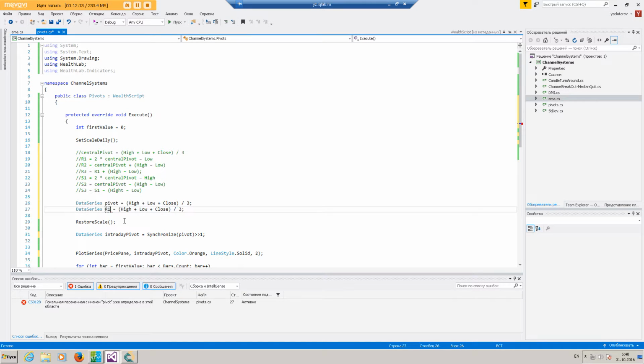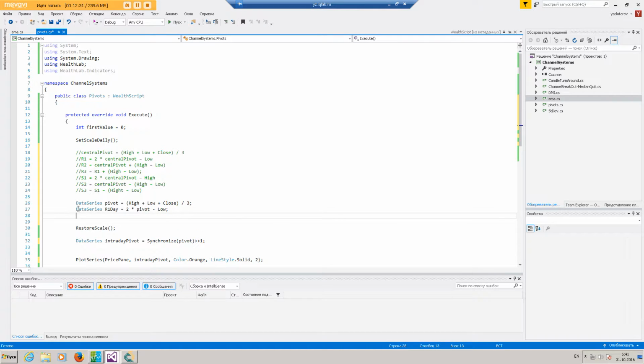So let's take R1 daily: 2 times central pivot minus low, 2 times pivot minus low.